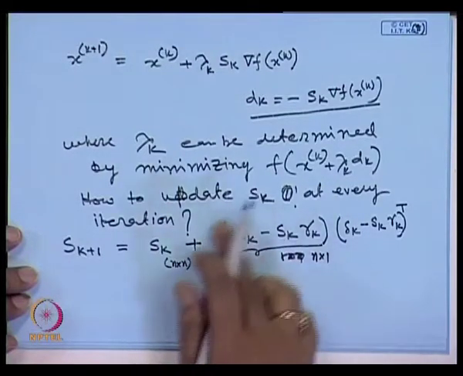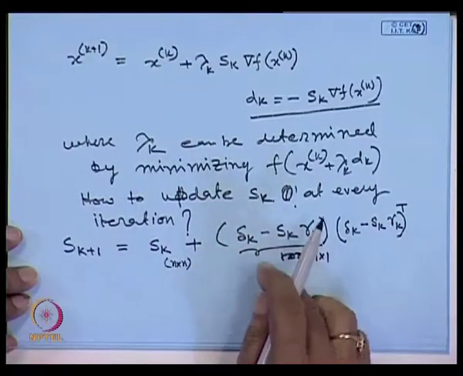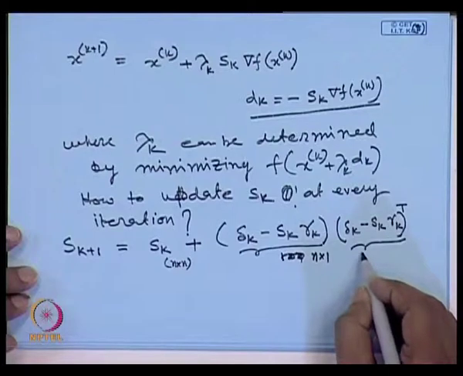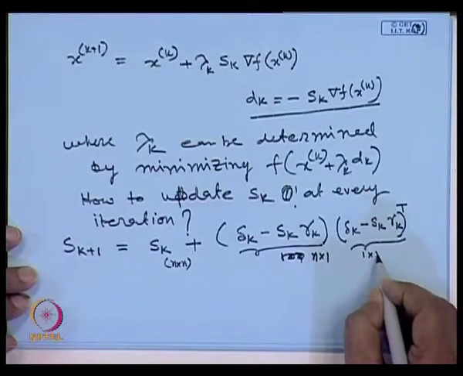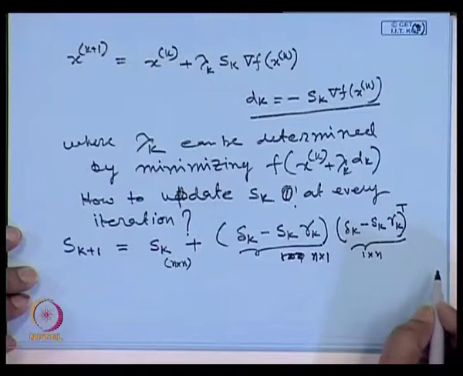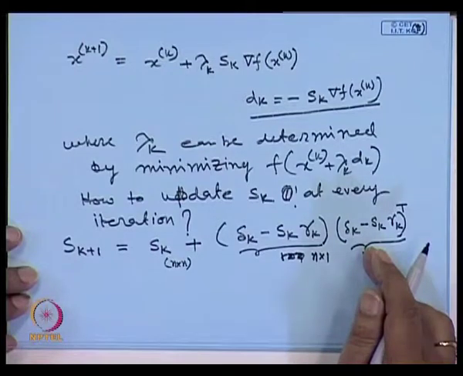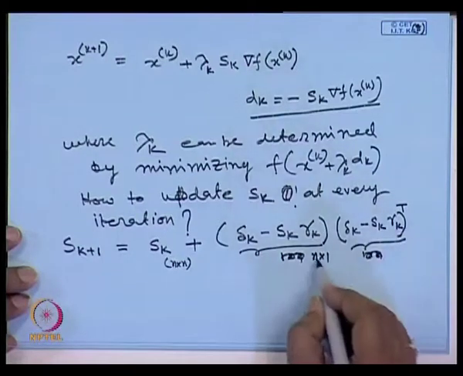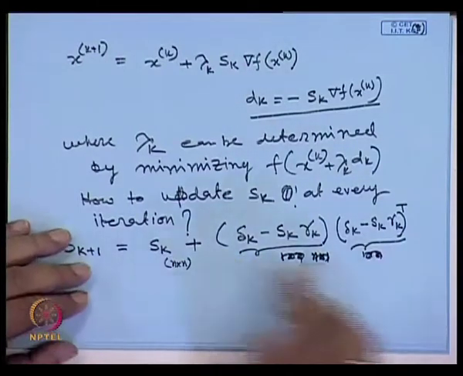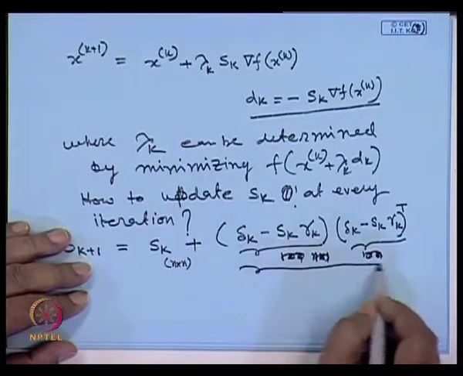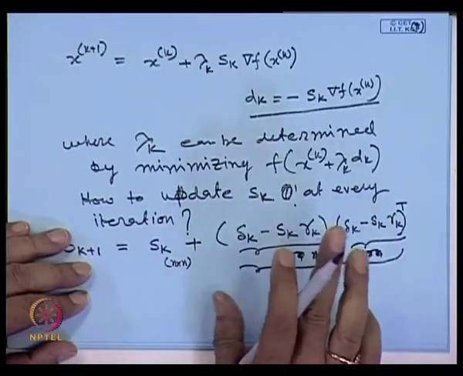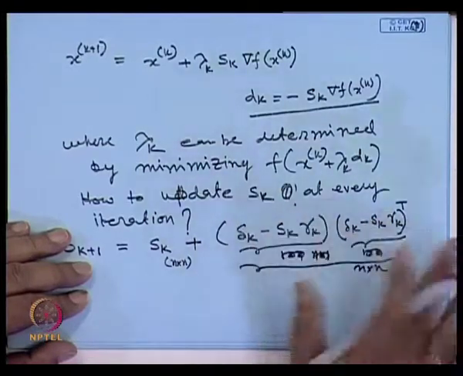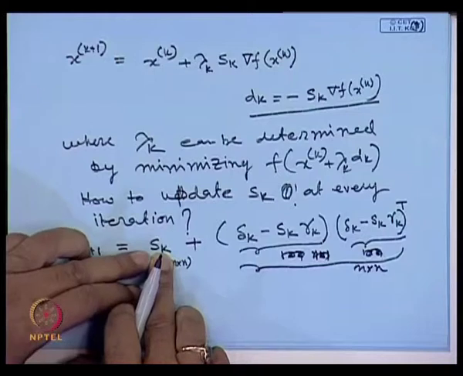The product of these must be a matrix of dimension n cross n, because we are adding with s k.